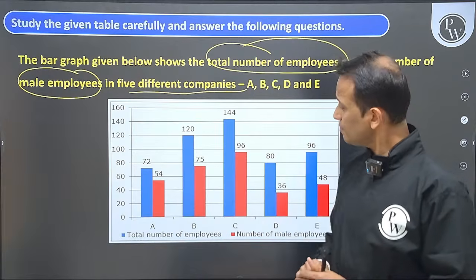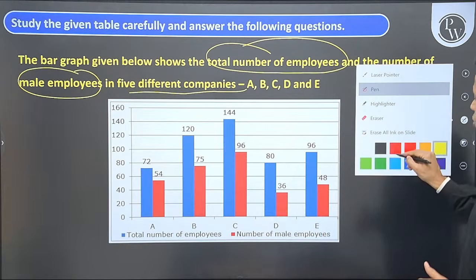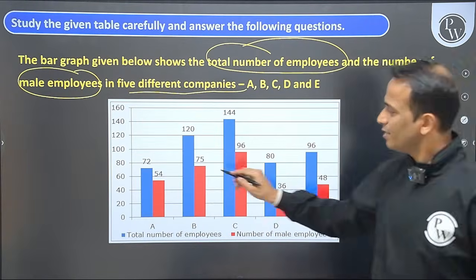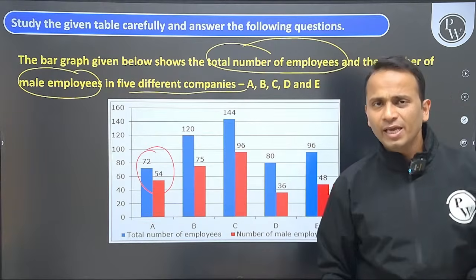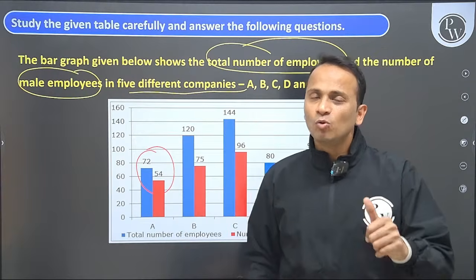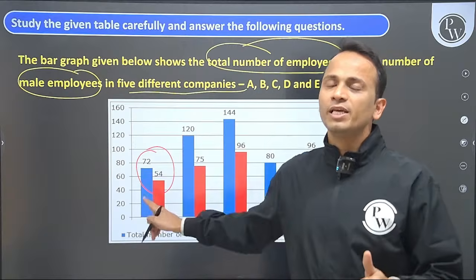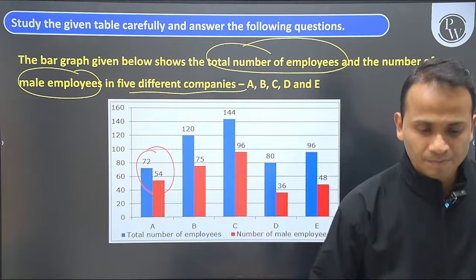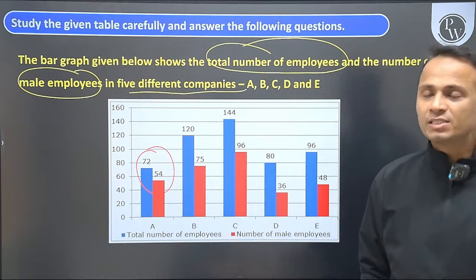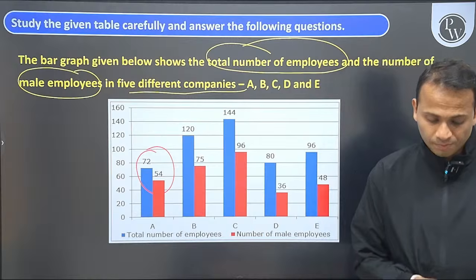All right. So if I look at company A, can you quickly tell me what will be the number of female employees in company A? Quickly, that's it. Once you have given me this number, I'll take you to the first question.